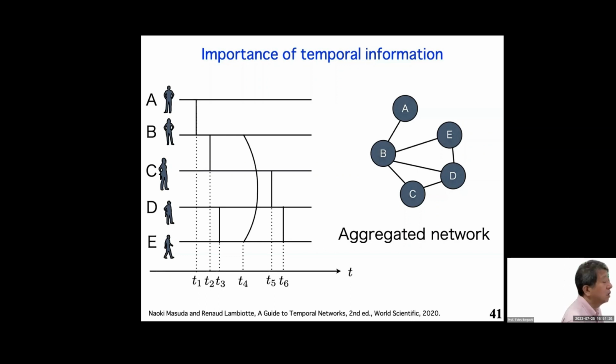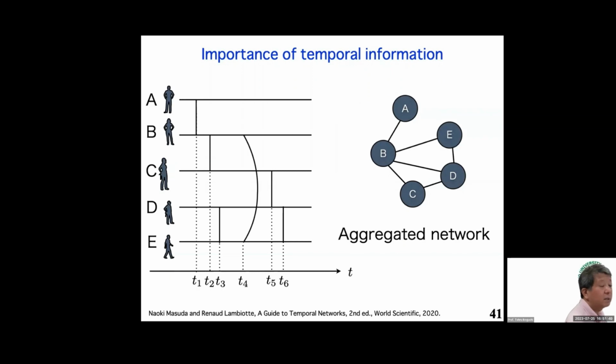In the first event at time t1, A and B made contact. In the second event at time t2, B and C made contact.